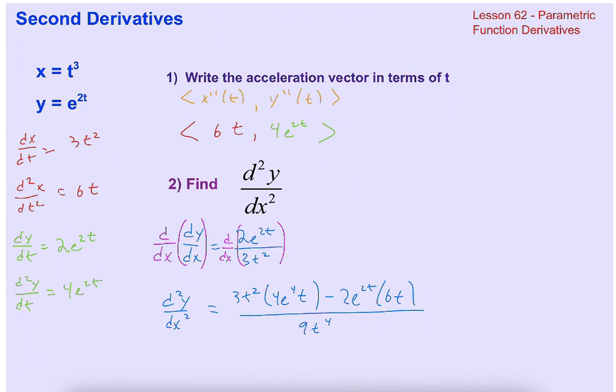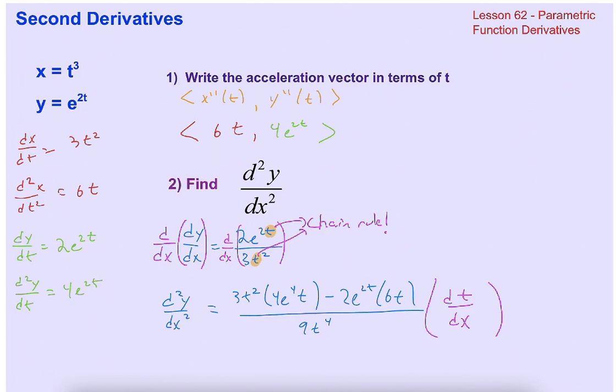Okay, seems pretty straightforward, except I'm taking a derivative with respect to x of an expression in terms of t, which means, maybe you've already guessed where I'm headed with this, this t right here, those are what we call inside functions. So we do have to worry about the chain rule, because of these guys. Well, all that we're going to have to do to fix that is multiply by the derivative of the inside function, dt/dx.